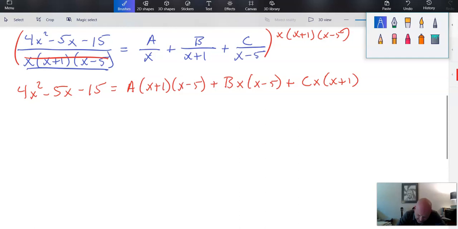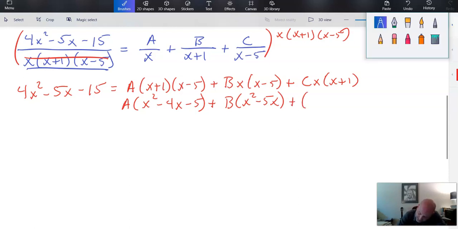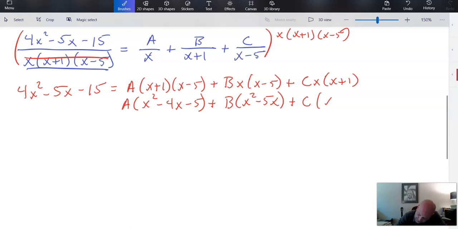So multiplying this out, it would be a times x squared, and then that's 1x minus 5x, so it's minus 4x minus 5, and then plus, well, we can just distribute this, b times x squared minus 5x plus, let's try that again, c times x squared plus x, right?